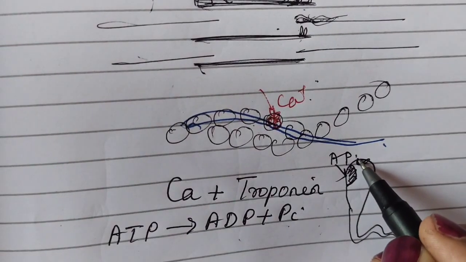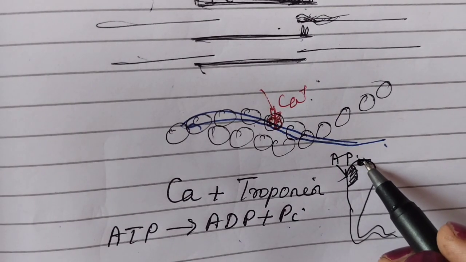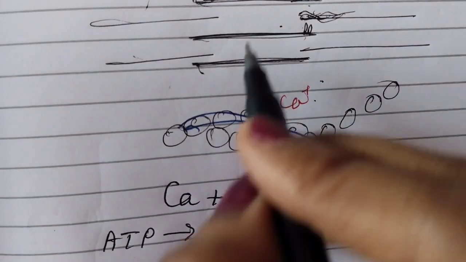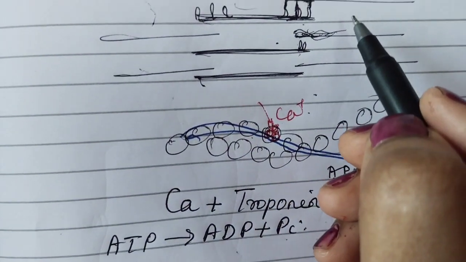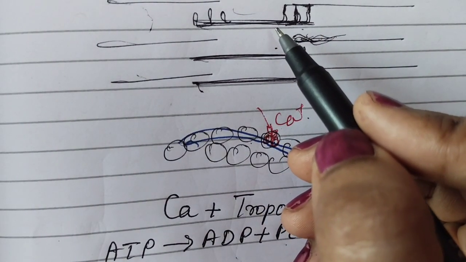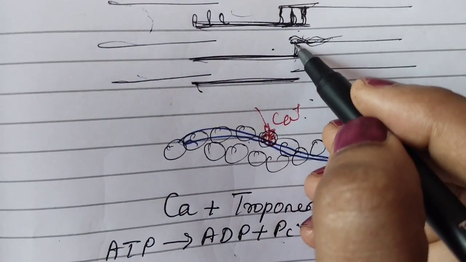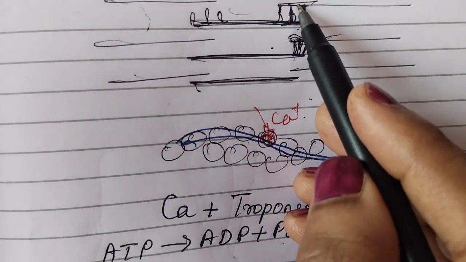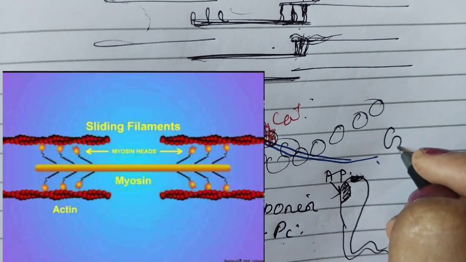And this actin binding site is also here. So now using this energy released, this myosin head will bind with the actin. Before it was masked by troponin, but now the troponin is removed by the calcium. As a result, now the myosin has gained energy. It will come and make an attachment with the actin. So when this myosin attaches with the actin, we call it a cross bridge.